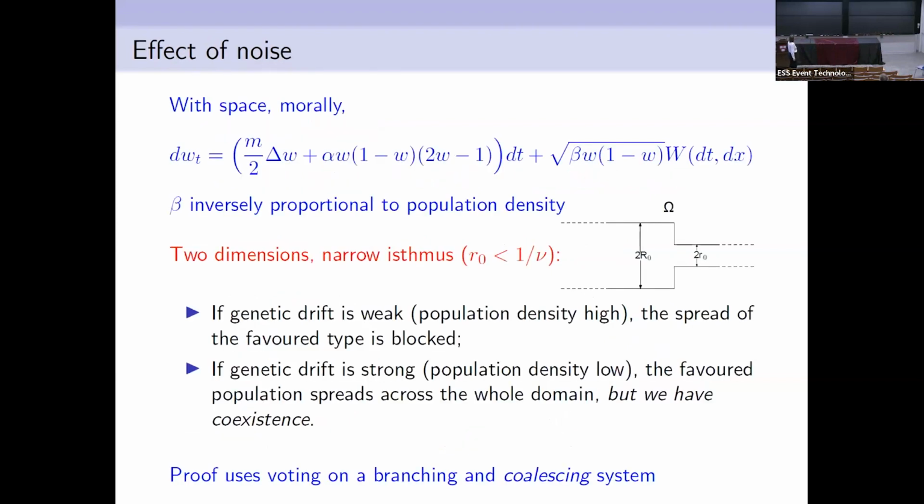And so what's going to happen here? Well, again, I'm just writing down something which is morally true here rather than something that's actually true. But what happens when you introduce noise is that it acts against the selection. There's a mantra in population genetics that natural selection is most effective in bigger populations. The bigger the population, the more effective selection.